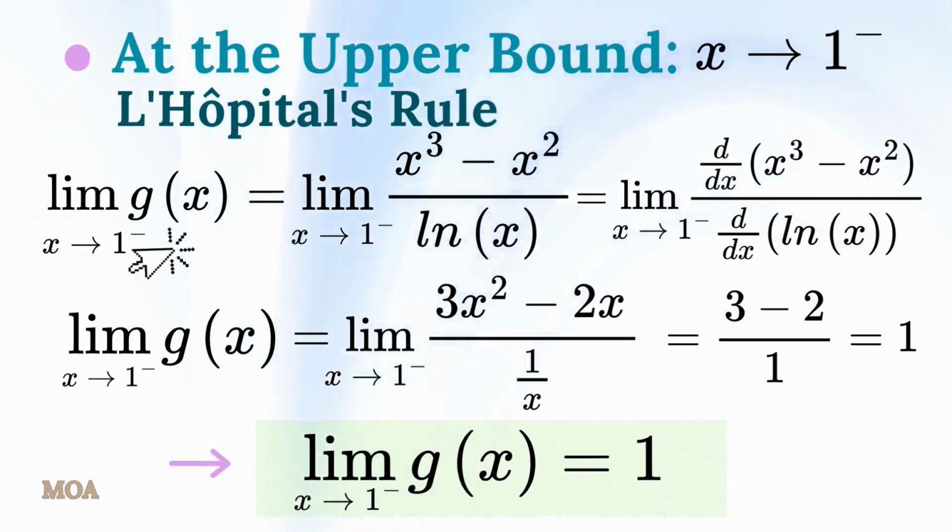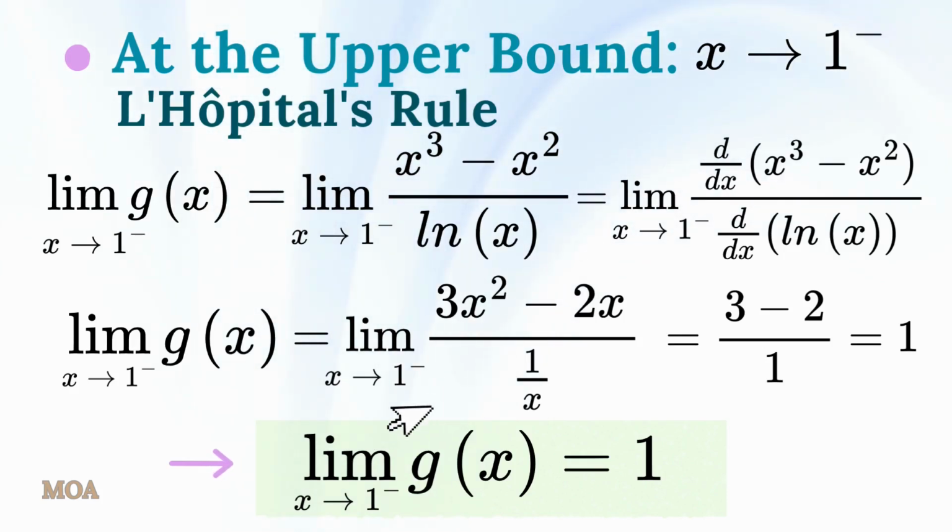As x tends to 1 from the left, we evaluate the limit of g(x) by differentiating the numerator and denominator. The derivative of the numerator gives 3x^2 - 2x, while the derivative of the denominator, the natural logarithm of x, is 1 over x.